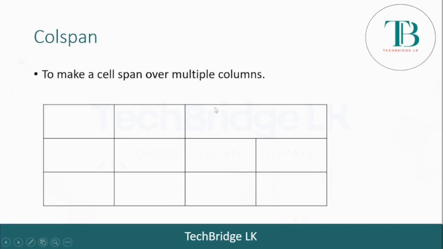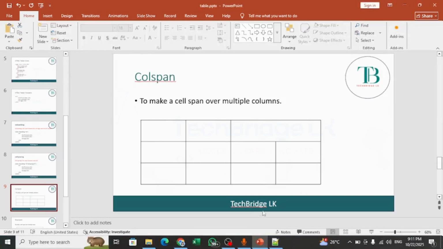It's called colspan. Colspan means the columns are merged. So if you want to merge the columns, you can use colspan.